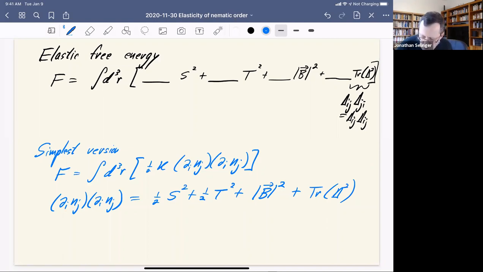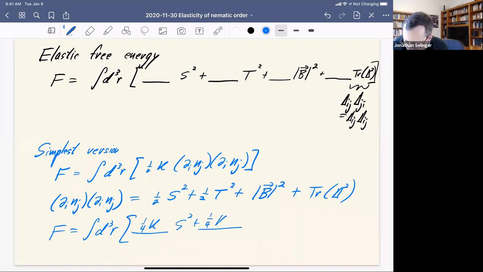That means that the simplest version of the free energy is 1/4 k times splay squared plus 1/4 k times twist squared plus 1/2 k times bend squared plus 1/2 k times the trace of delta squared.